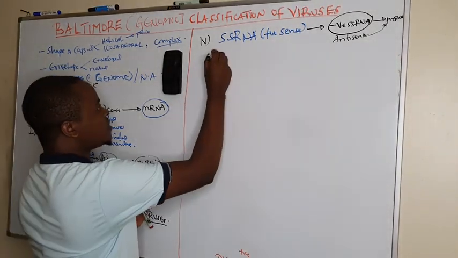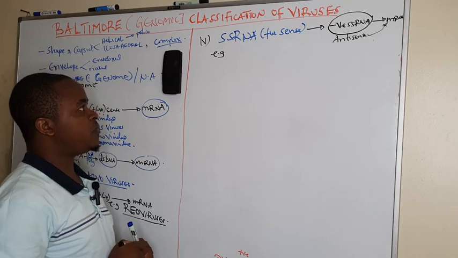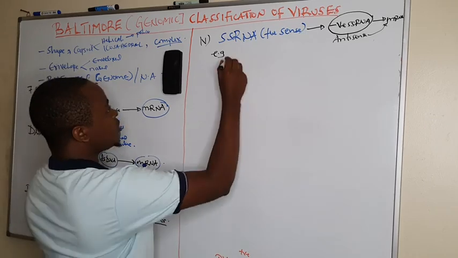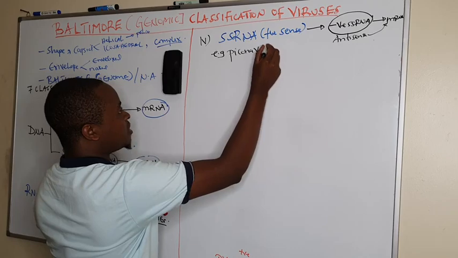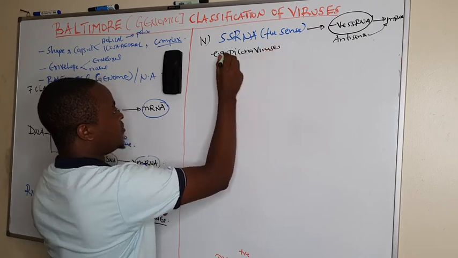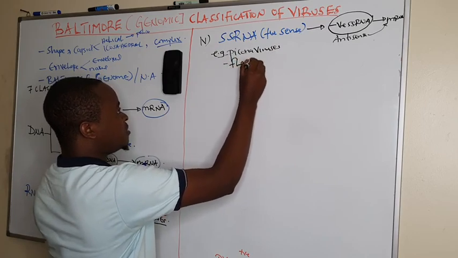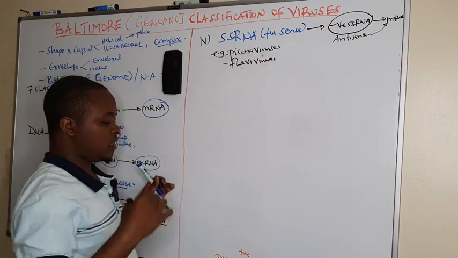And examples, here we have many examples of single-stranded RNA with a positive sense, and they include picornaviruses. We have picornaviruses belonging here. We have other examples like flaviridae or flaviviruses, or you can call it flaviridae.